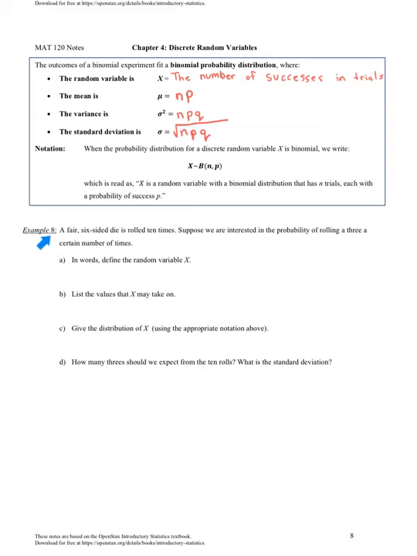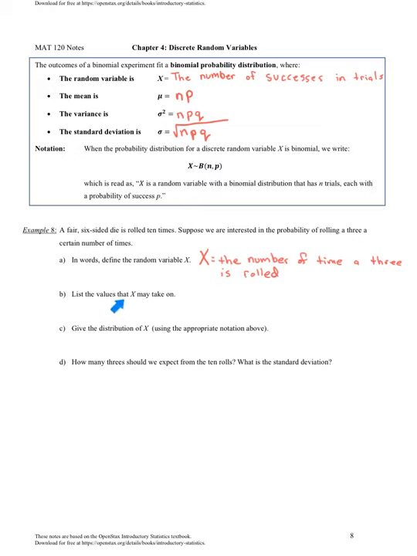Let's take a look at example 8. We have a fair six-sided die rolled 10 times. We're interested in the probability of rolling a 3 a certain number of times. So in this case, what would be our random variable? And our success will be the number of times a 3 is rolled.